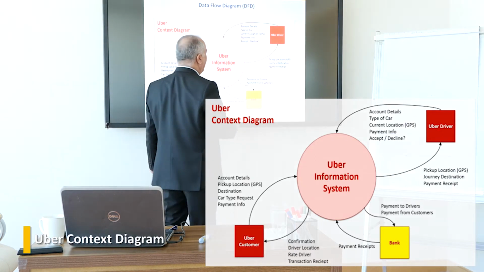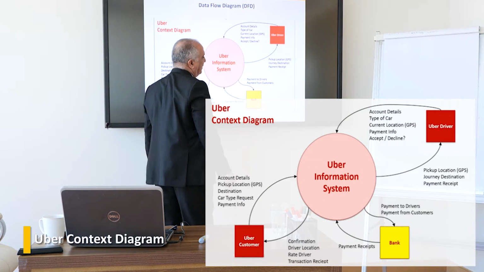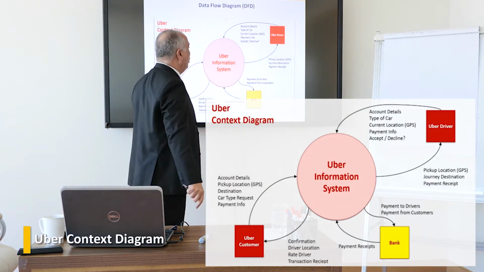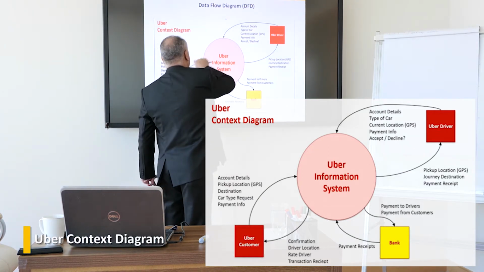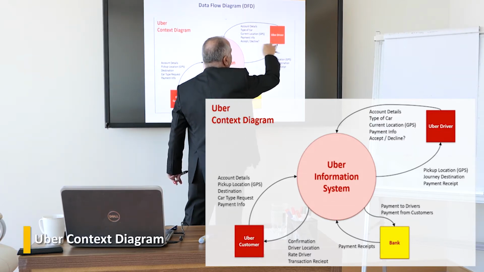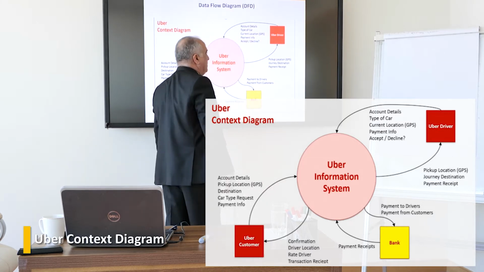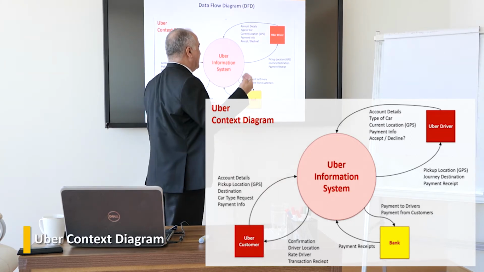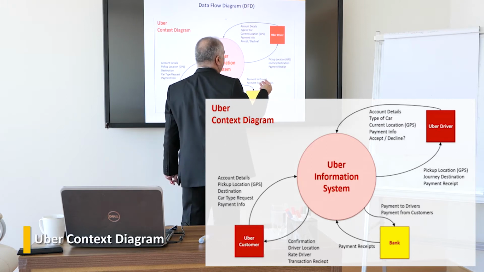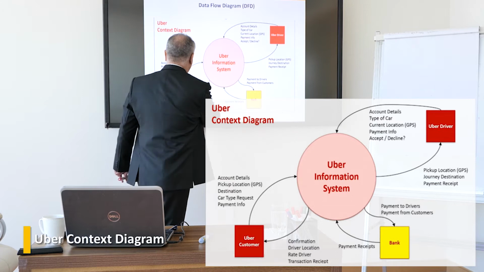So in this case, drivers could accept or decline the request coming from a customer to the Uber information system, where the driver will get a request and they accept or reject. Now, if the driver accepted, they need to understand the pickup location of the customer.